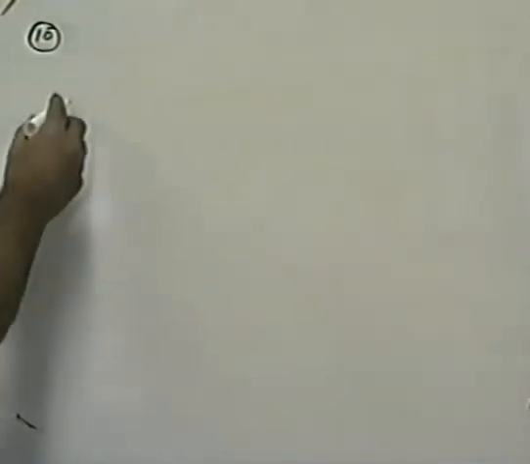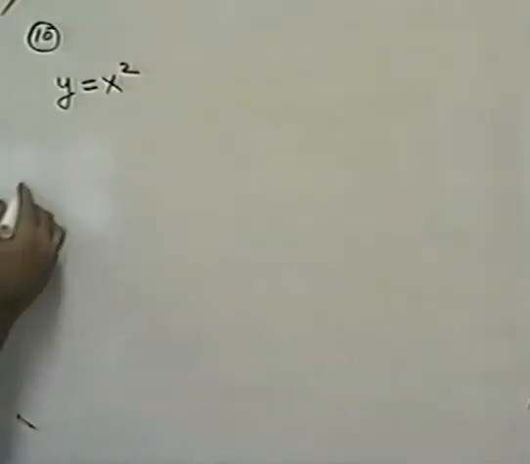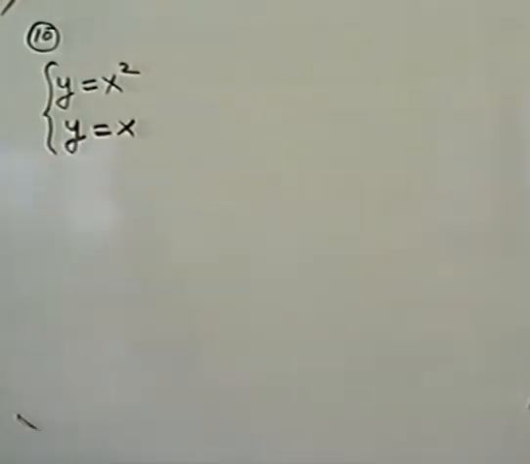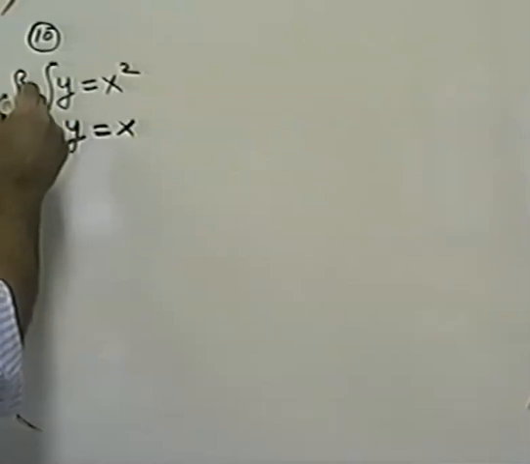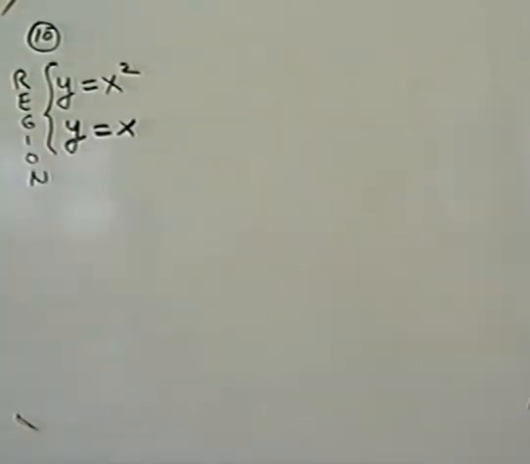Okay, the problem we are trying to do here is to take the graph y equals x squared and the graph y equals x, and first see where they cross each other and look at the region where they overlap.